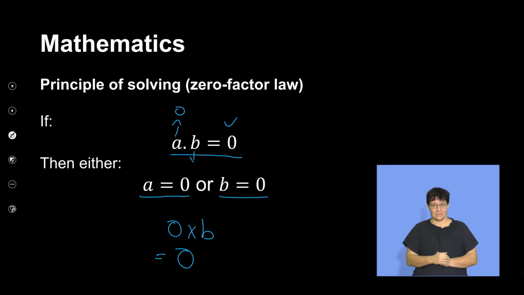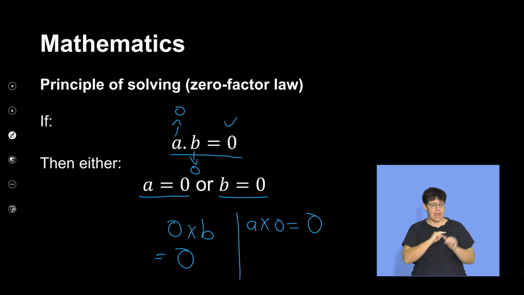Now let's take if B is the one that is 0, it will be A multiplied by 0 equal to 0, because A multiplied by 0 is definitely 0. So that's why both of them will be solutions. But it is an or situation, not and. Because if you say and, then it's like you're saying they are intersecting each other, and they are not. It can be either this one or that one. That's why we use the word or.